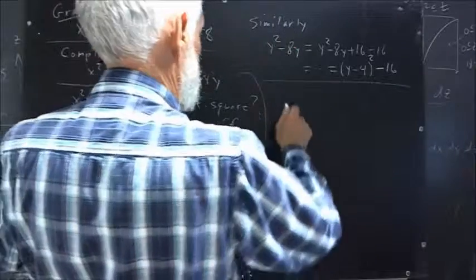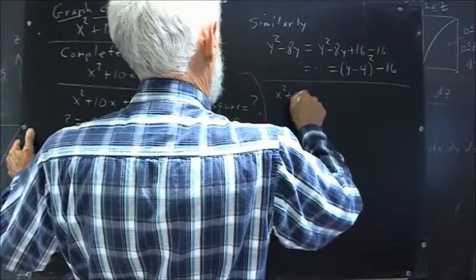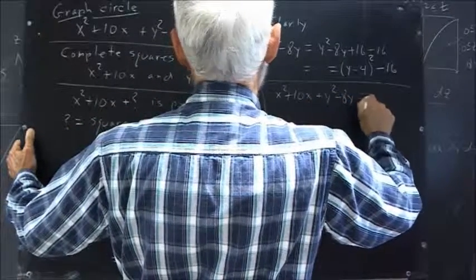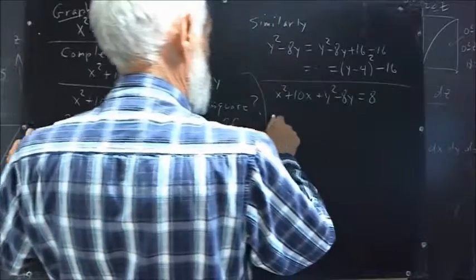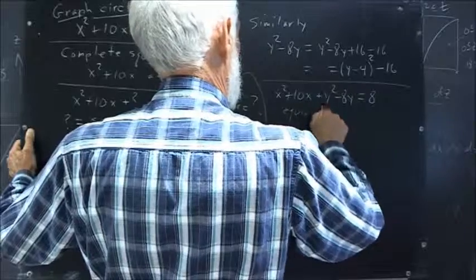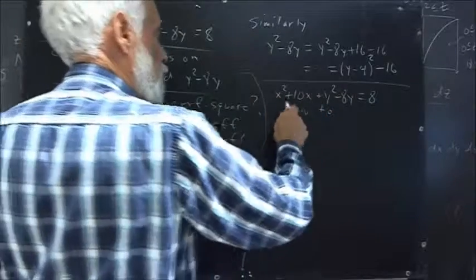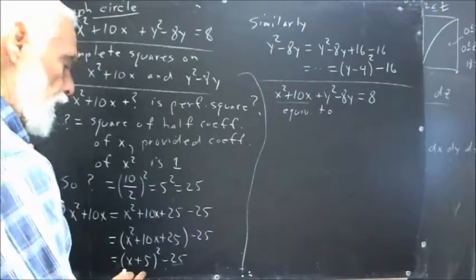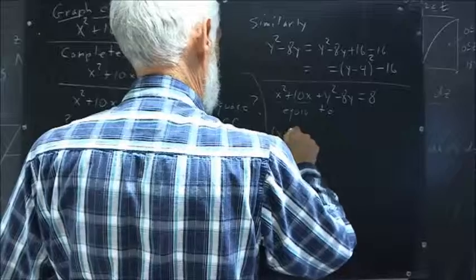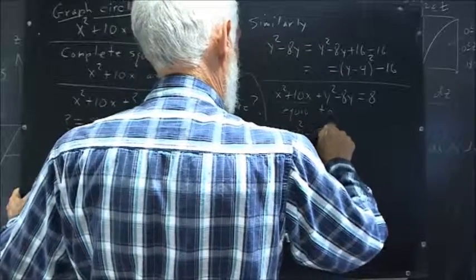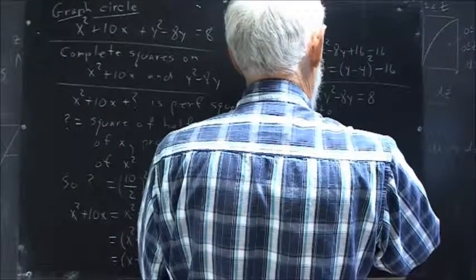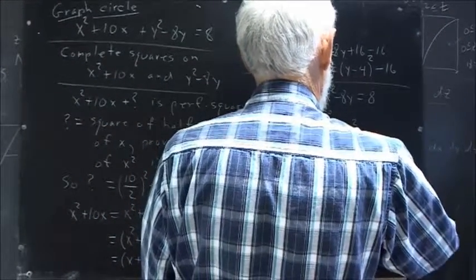So, x squared plus 10x plus y squared minus 8y equals 8 gives us, well, I'll say it's equivalent to, we replace x squared plus 10x by x plus 5 quantity squared minus 25, and y squared minus 8y by y minus 4 squared minus 16.